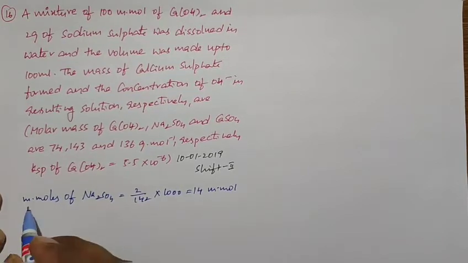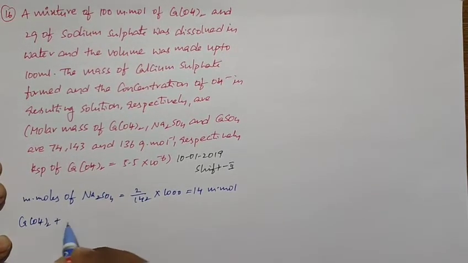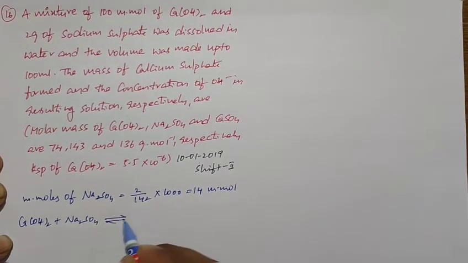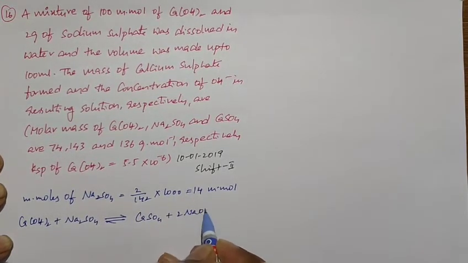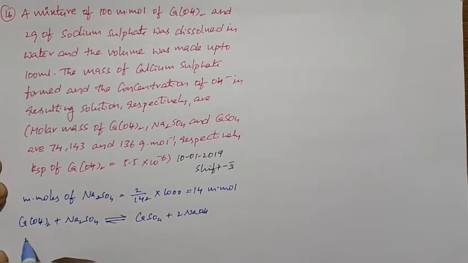Okay. So when you take the equation between calcium hydroxide and sodium sulfate, it will form calcium sulfate and 2 moles of sodium hydroxide. Here the given millimoles of calcium hydroxide is 100 and sodium sulfate is 14.